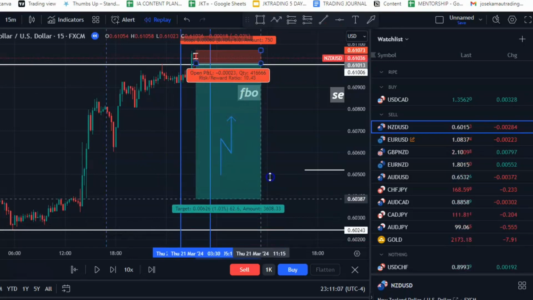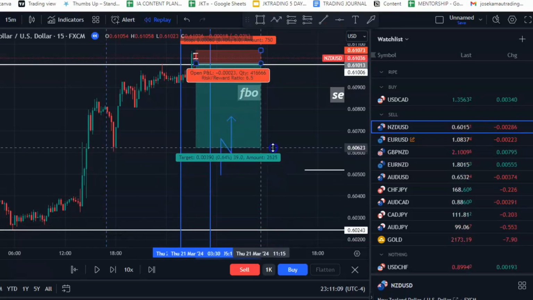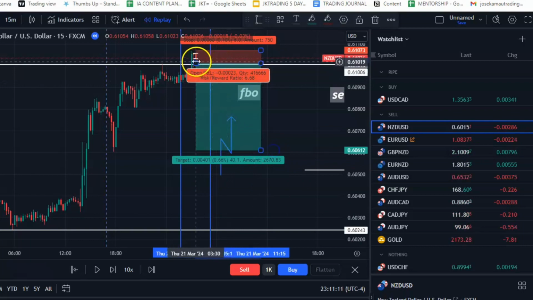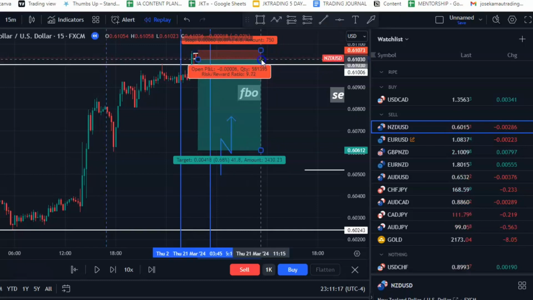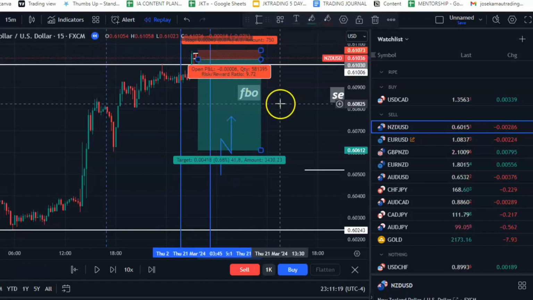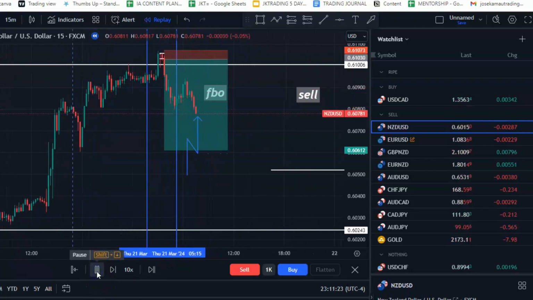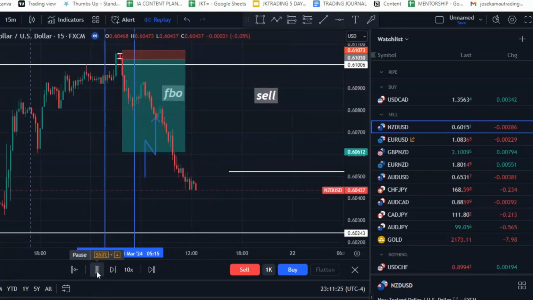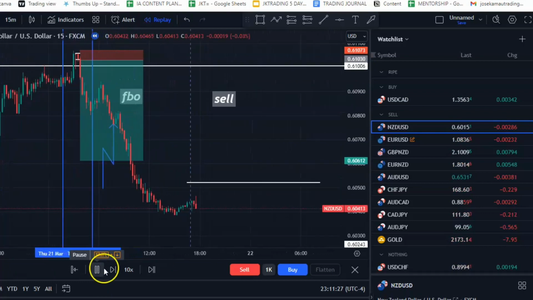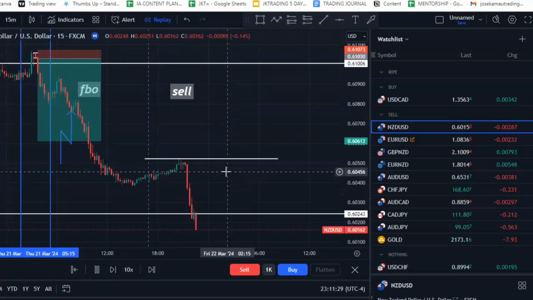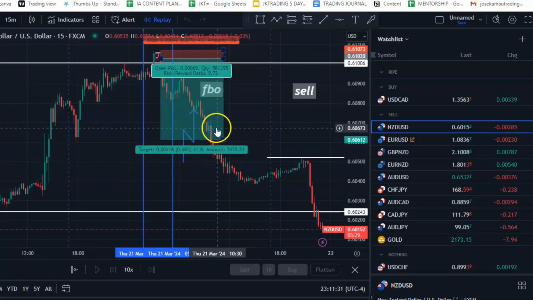So this is the low of the day here. So our entry is there. It was a nice setup, and then price just continued breaking down, and it's continuing to break down even on the next day back to the low of the week.